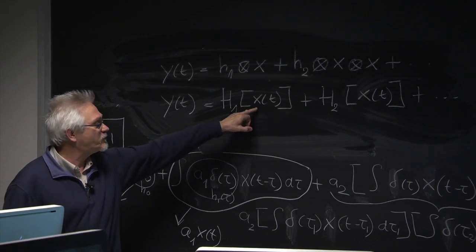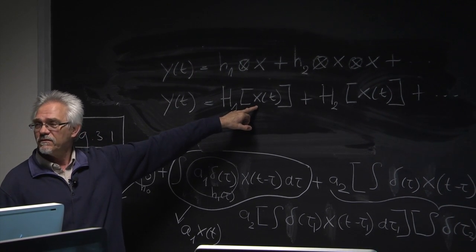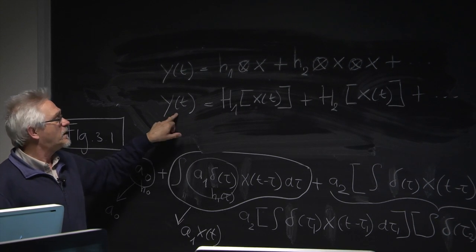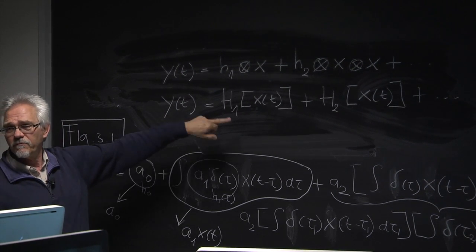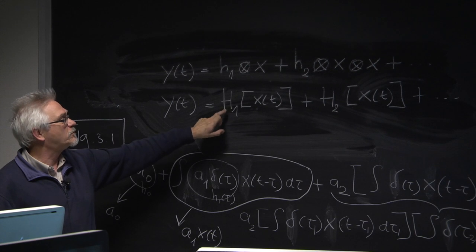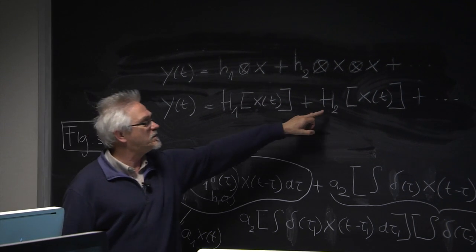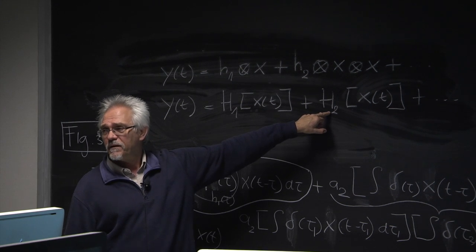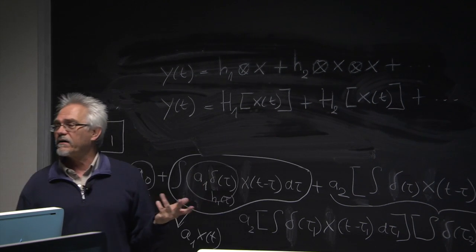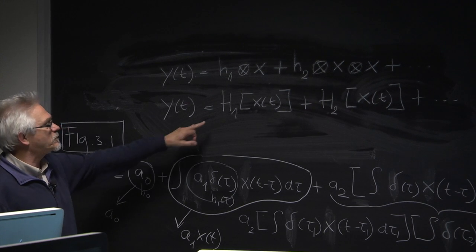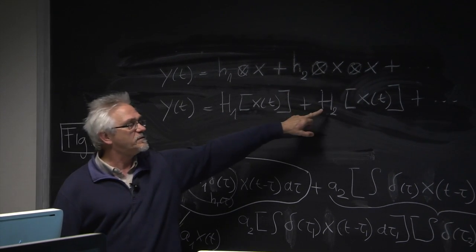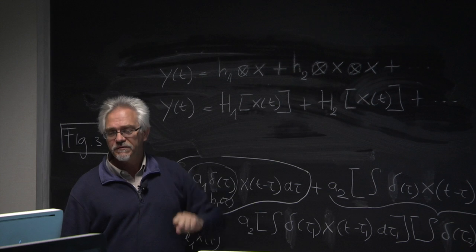In this case, we have a function x(t), the input function, or a time series, and it gives you an output function. So from function to function, it's better to call it an operator. So this is a first order operator, and this would be a second order operator. And in this case, since this is a Volterra series, this is a first order Volterra operator, and this is a second order Volterra operator.